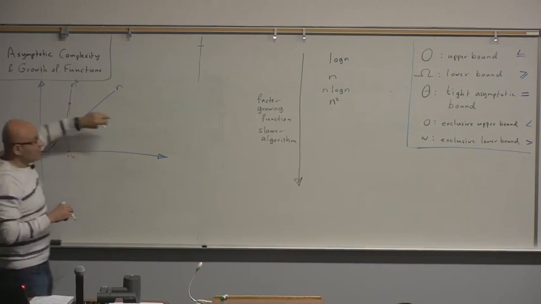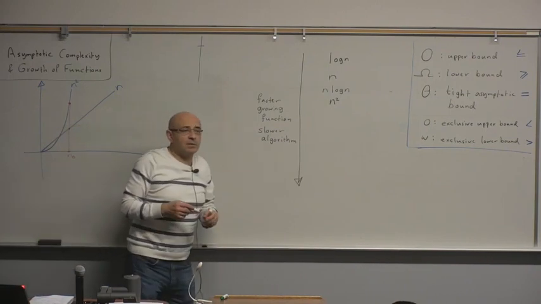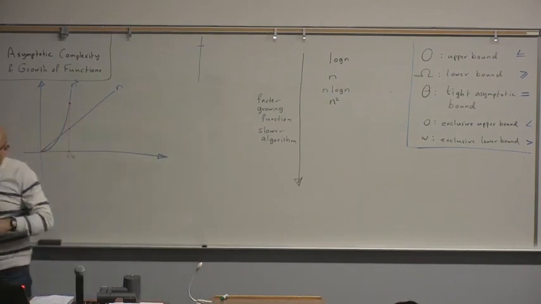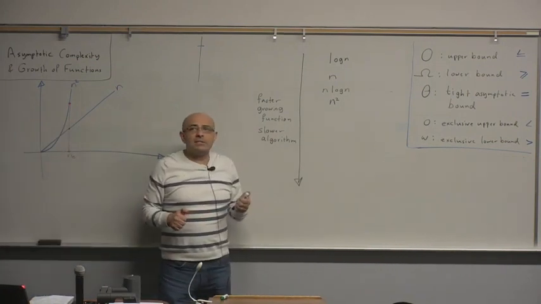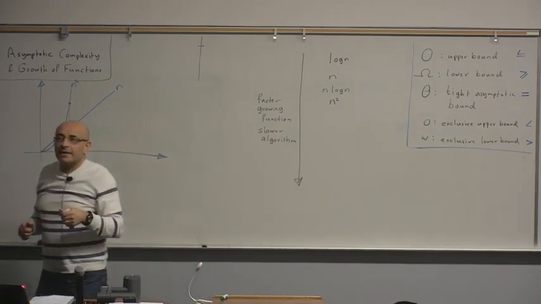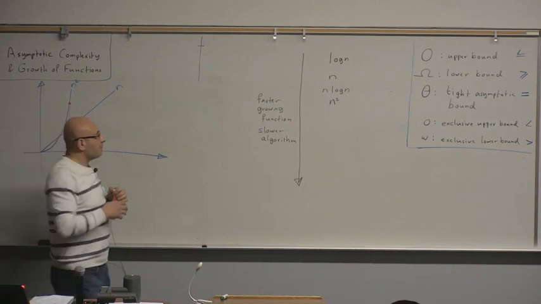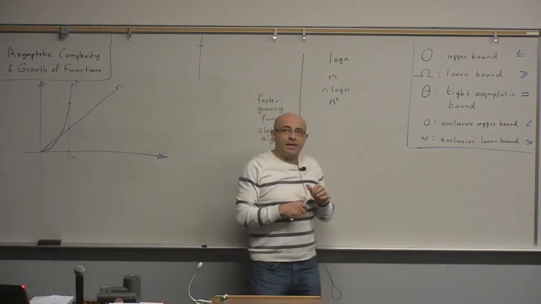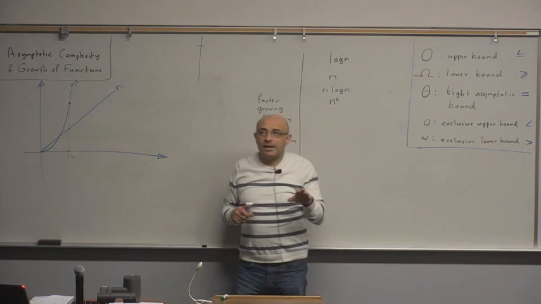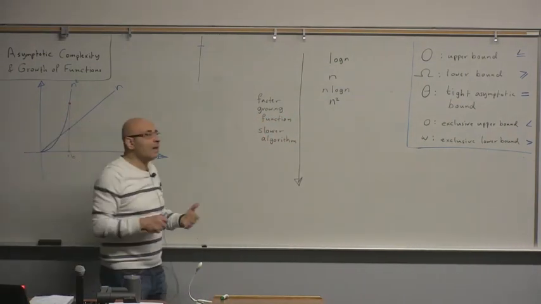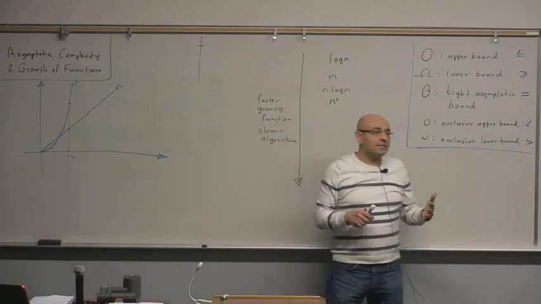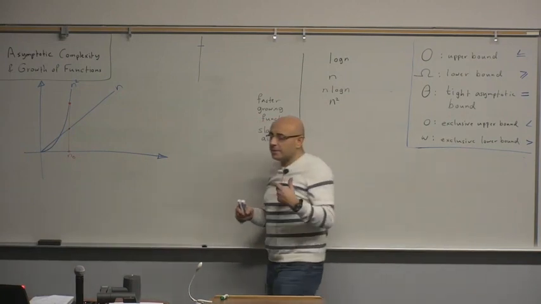So I always like to emphasize this because I was once teaching this. In fact, a long time ago, I was teaching this as a TA, and I was sometimes thinking in the growth of the function and saying that it's faster. And sometimes I was thinking in my mind in the algorithm and saying that it's slower. And I wasn't explicitly saying this.